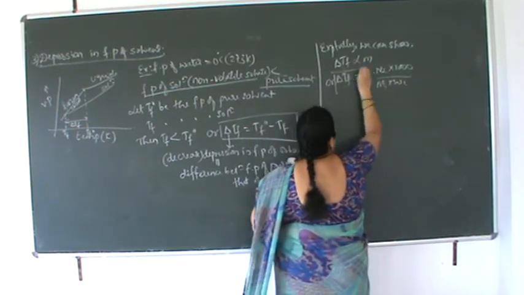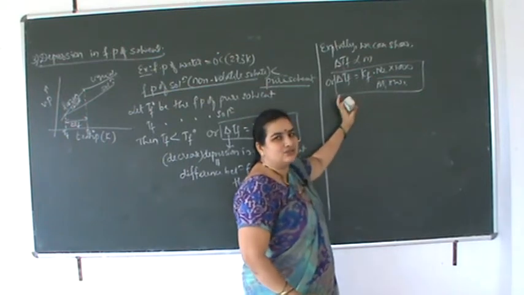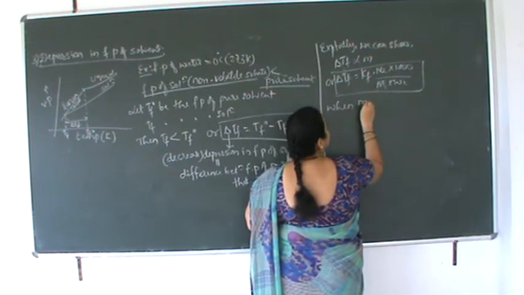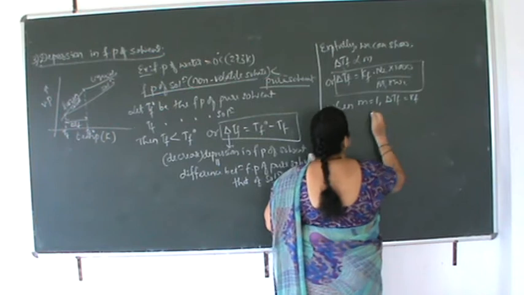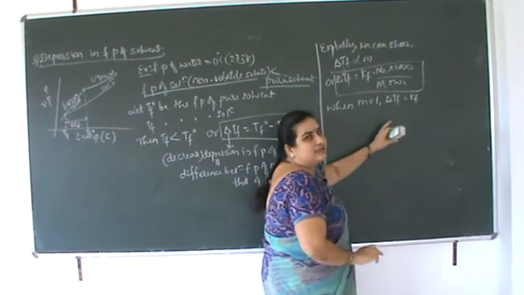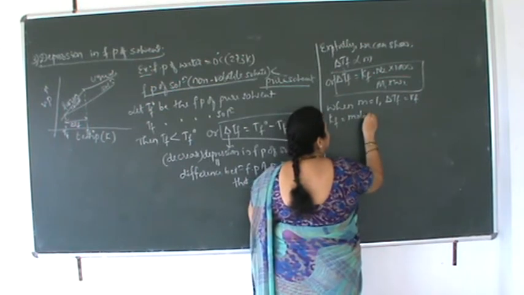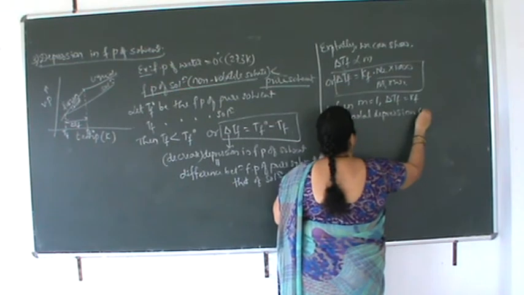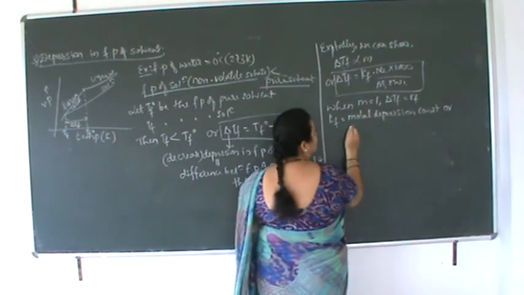This is the relation between delta TF and molality. So here, when m is equal to 1, delta TF is equal to Kf. So Kf is the molar depression constant.